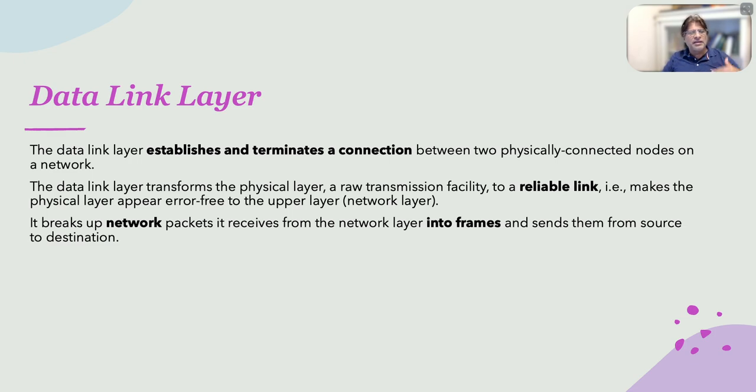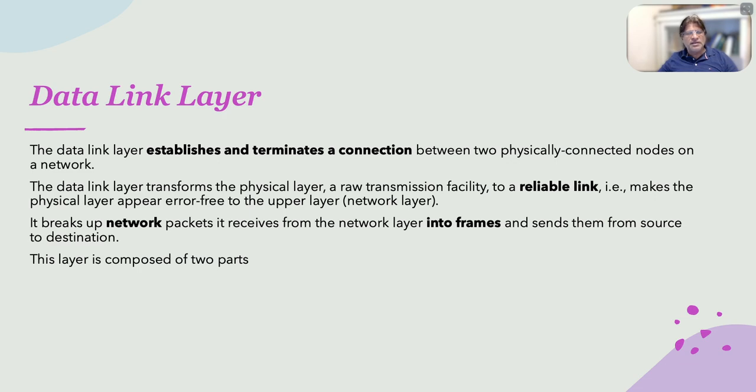So at layer number 3, we have a network packet, and this network packet comes down to the data link layer, and the data link layer adds its information for that specific layer and makes it into a frame and then sends it to the physical layer before it is sent to its destination, right? So it receives from the network layer, puts it into frames and sends them from the source to the destination.